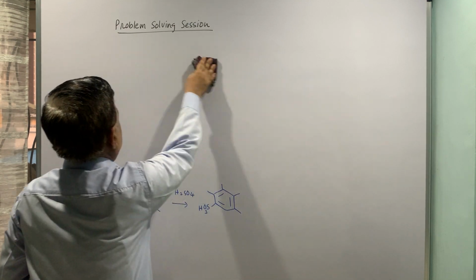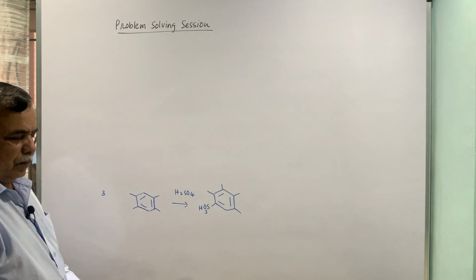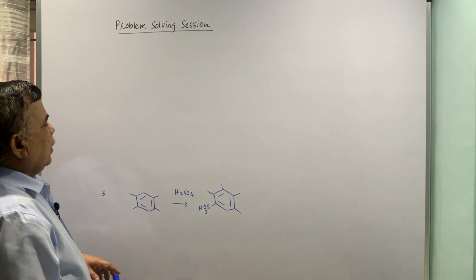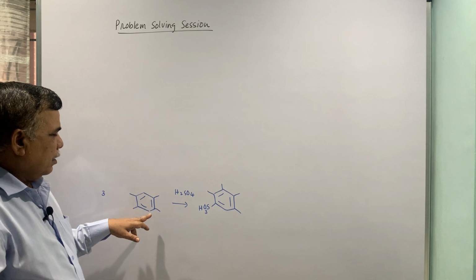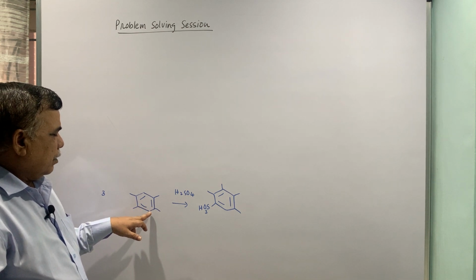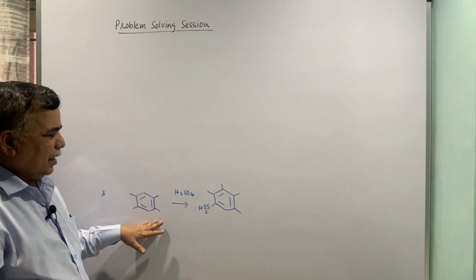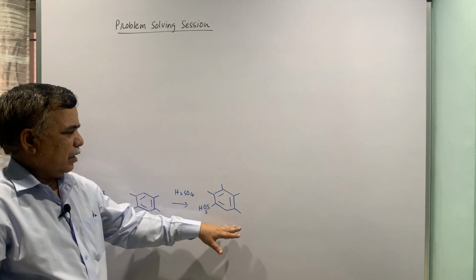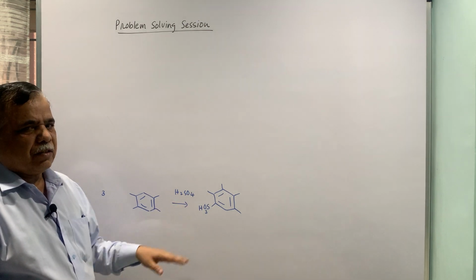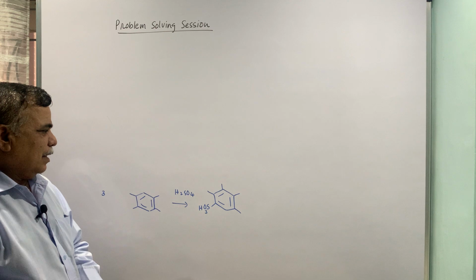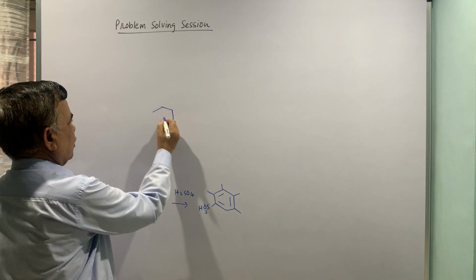Okay. Now the next example, this 1,2,4,5-tetramethyl benzene is becoming 1,2,3,4-tetramethyl benzene, and then it is becoming sulfonic acid because we are using sulfuric acid as a reagent to bring about this transformation.